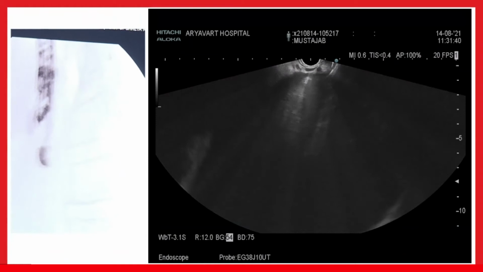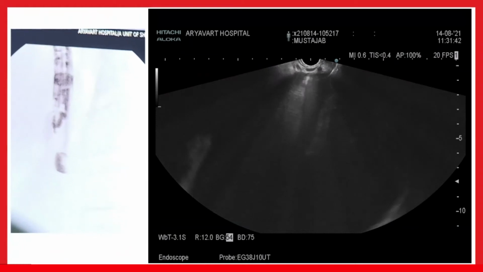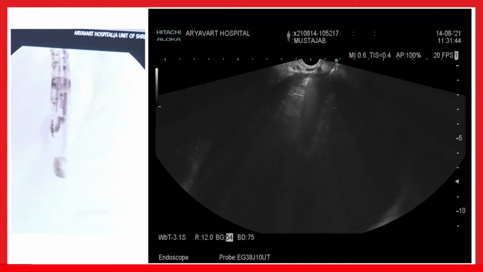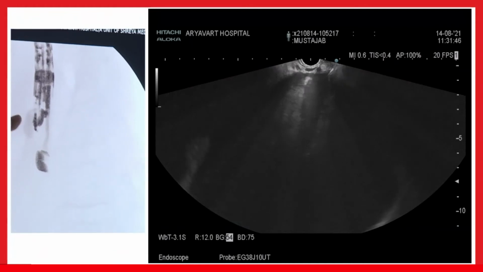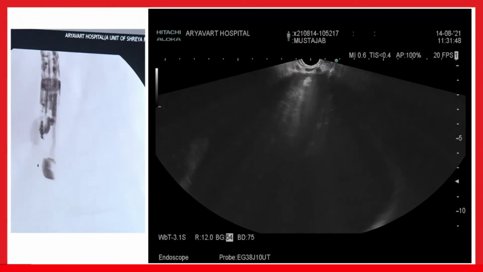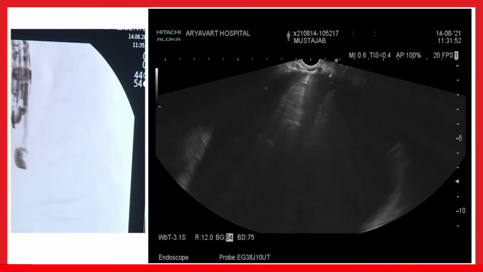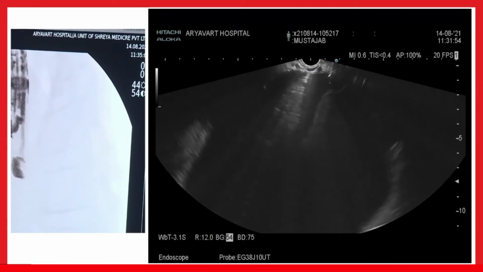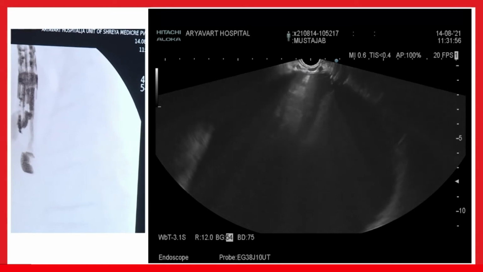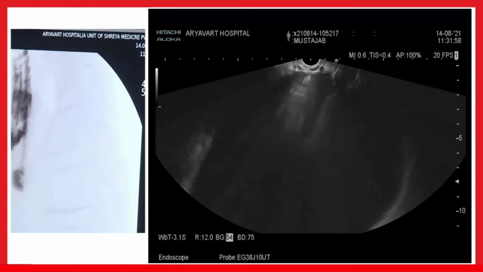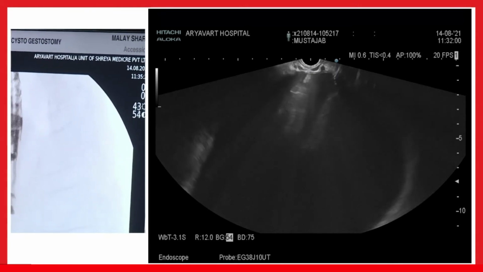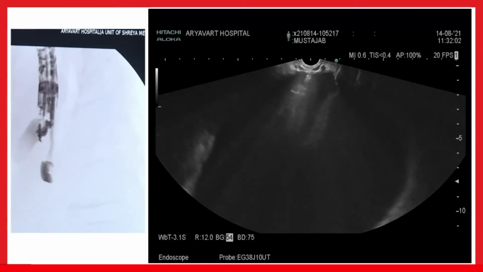The waist is still not gone. Fluoro. Okay, now it has dilated, which we can confirm on US also.